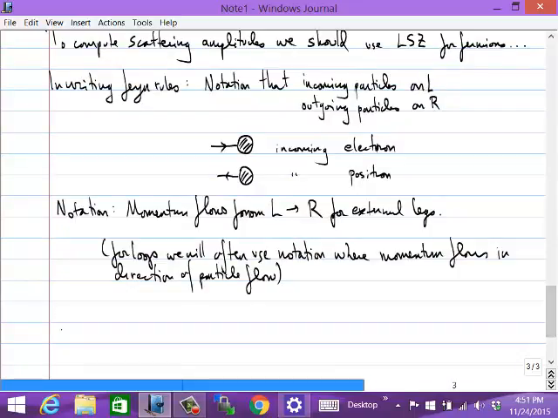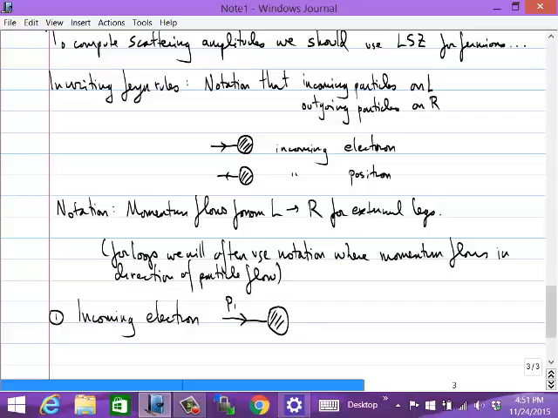Okay. So the Feynman rules say that for each incoming electron, you need to include some external leg to your Feynman diagram that looks like this, which will be labeled by, say, the momentum of that electron.